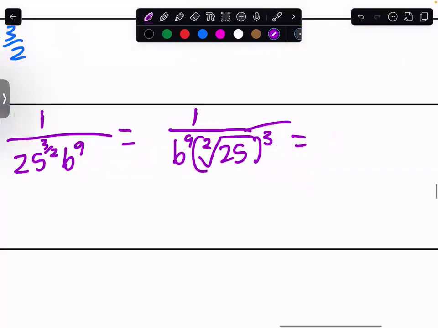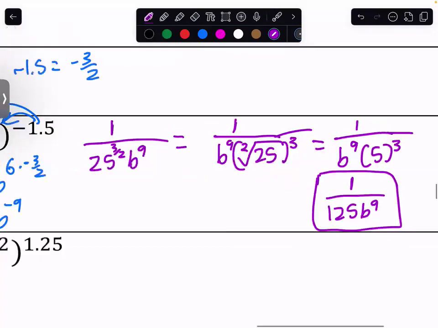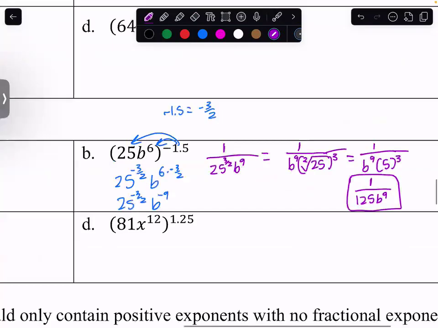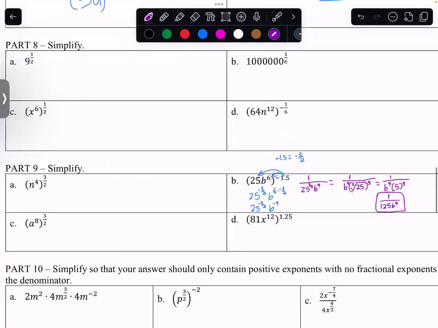So again, just leave the b to the 9th alone for now. The square root of 25 is regular 5. And now 5 to the, exactly. Okay, so that's really the last thing you need.